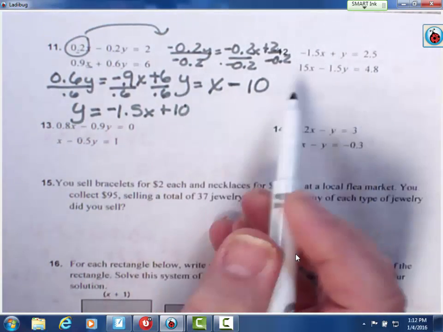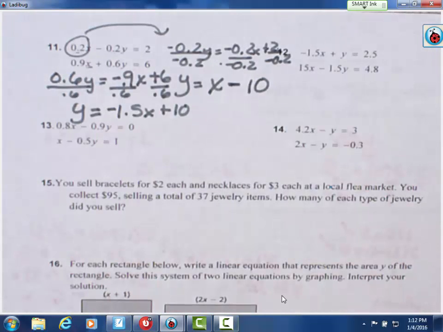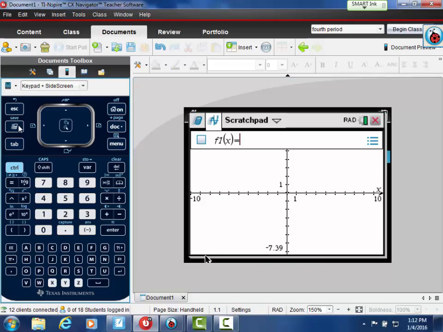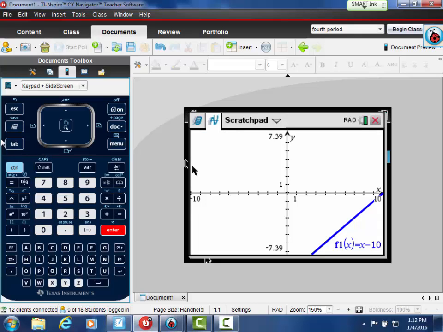So then we go to our calculator, and we want to go to our graph, and we're going to put in our two equations. The first one was y equals x minus 10, and then we hit tab. And our second equation was negative 1.5x plus 10.